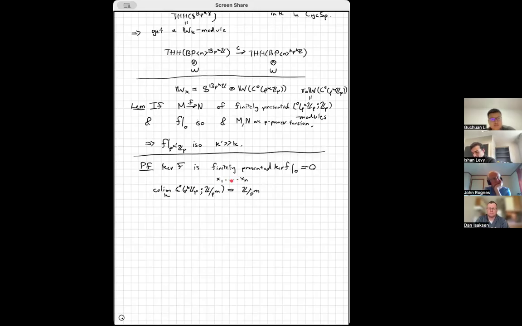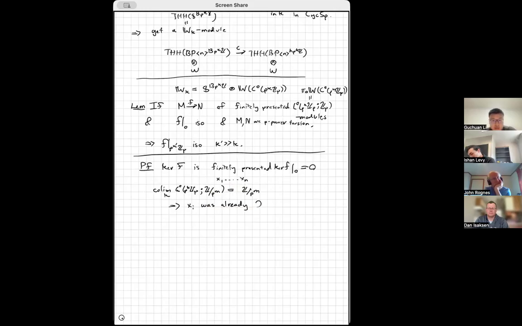Like if you restrict to smaller and smaller subsets, the colimit of that is just restricting to the origin. And so the fact that these elements became zero in the colimit, like they became zero after you restrict to zero, tells us that in fact each xi was already zero at some finite stage, because these are just elements. And tensoring with the filtered colimit, tensor products commute with filtered colimits.